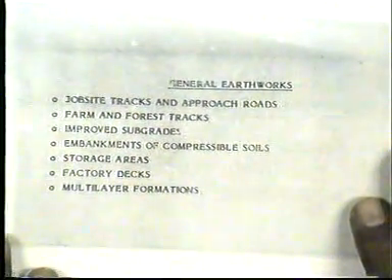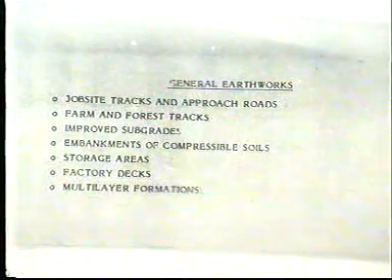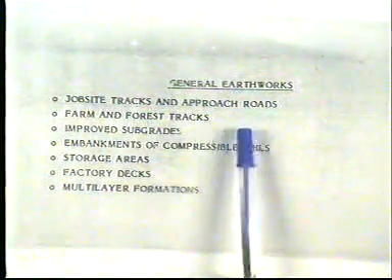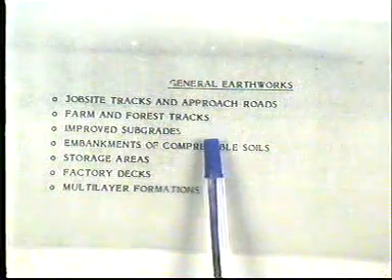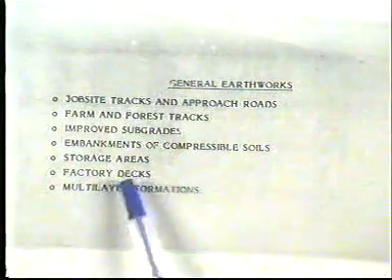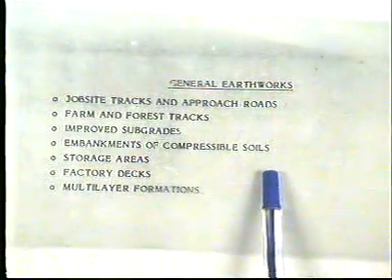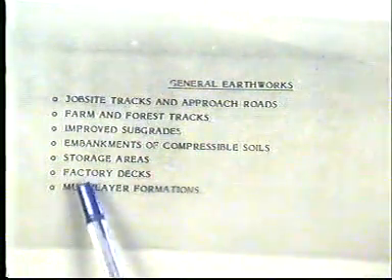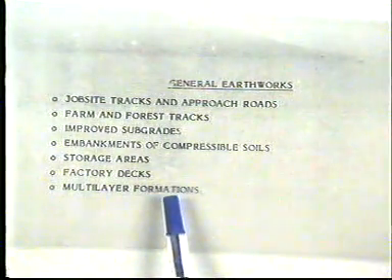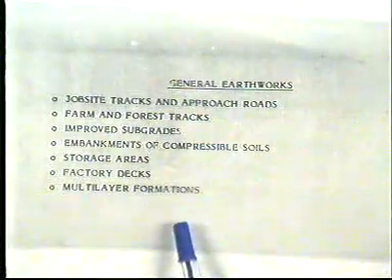There are some general earthworks. Geosynthetics can also be used as job site tracks and approach roads, farm and forest tracks, to improve the subgrade, the embankment of compressible soil, the storage areas, the factory deck and multilayer formation.